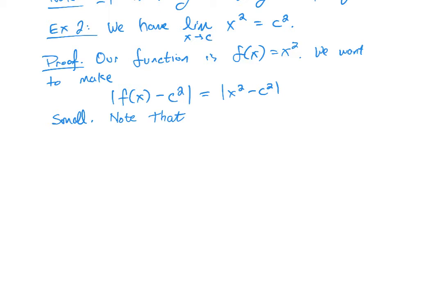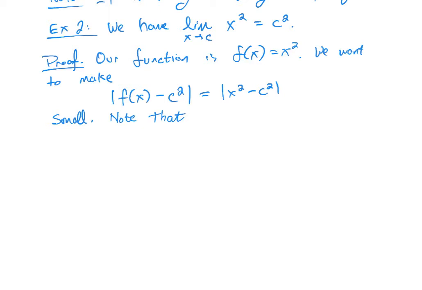So generally, you would like to kind of factor that out. Okay. In this case, it factors out nicely because x squared minus c squared is the difference of squares. So that'll factor as (x + c) times (x - c).